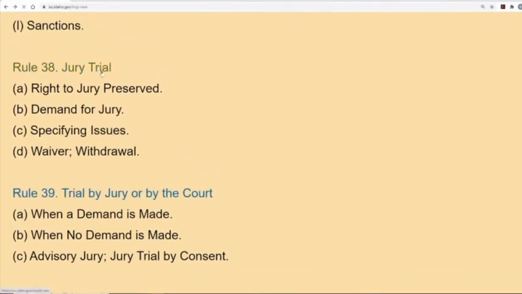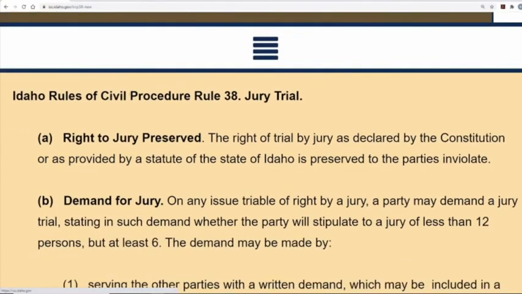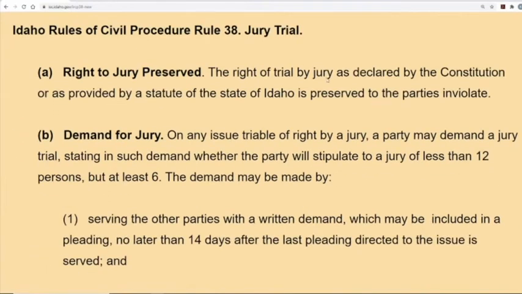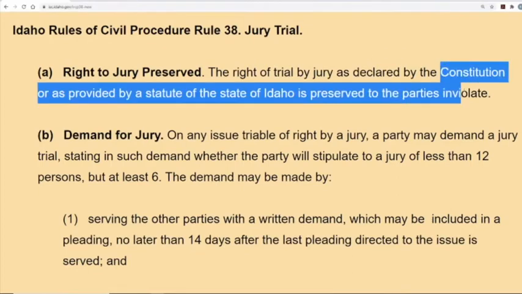Now let's look at 38 real quick. Right to jury preserved. The right of trial by jury as declared by the Constitution or as provided by a statute of the state of Idaho is preserved to the parties inviolate. Now, not by statute, by the Constitution, because due process of law comes from the law of the land.